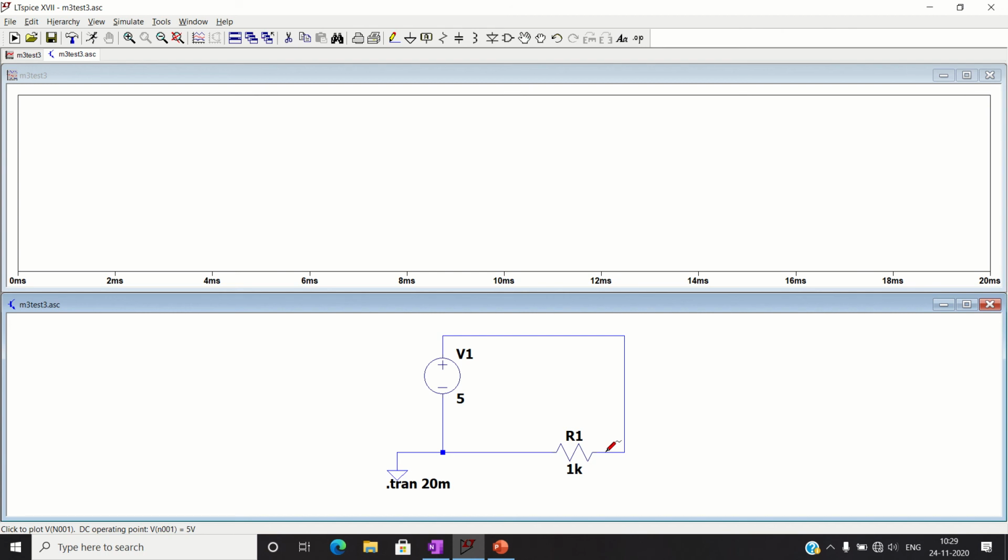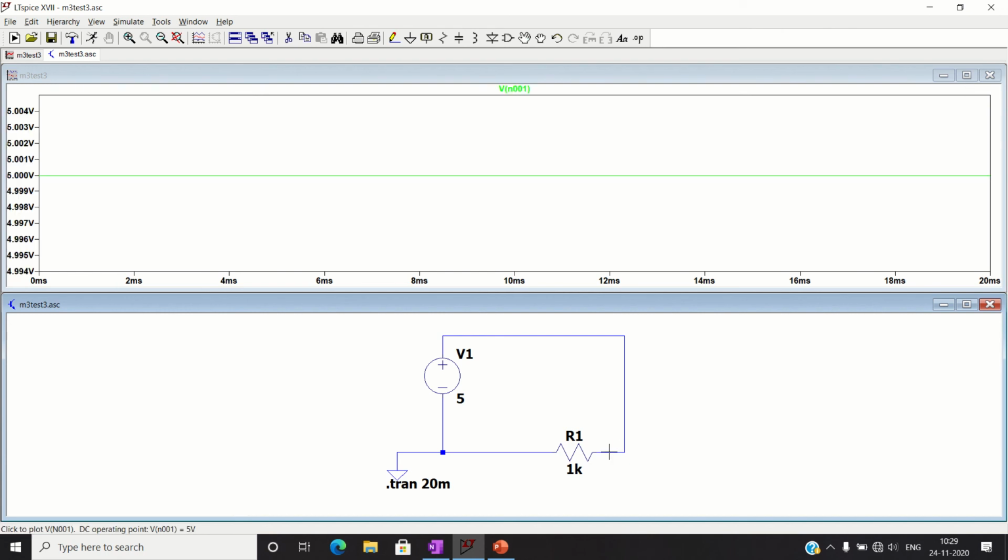That probe indicates that you want to measure the voltage. If I click here, you can see a change on the top side waveform window.